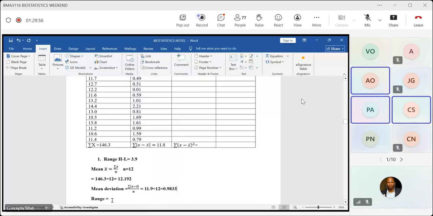We already said what the range is. Is the difference due to calculators? No, it's 0.983.